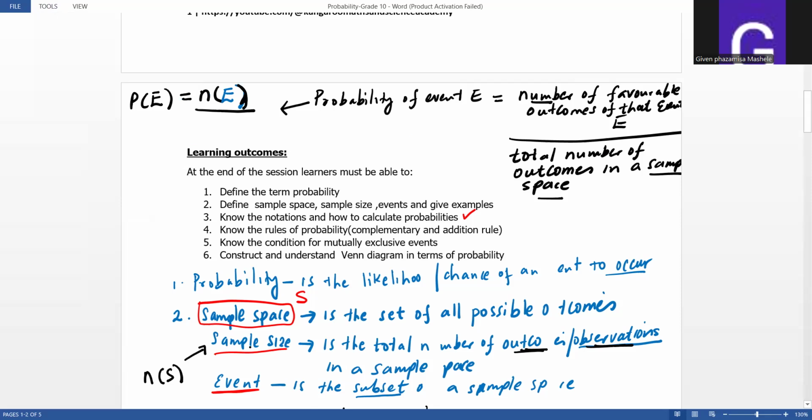What is this? This is the sample size. So you have to divide by the sample size.